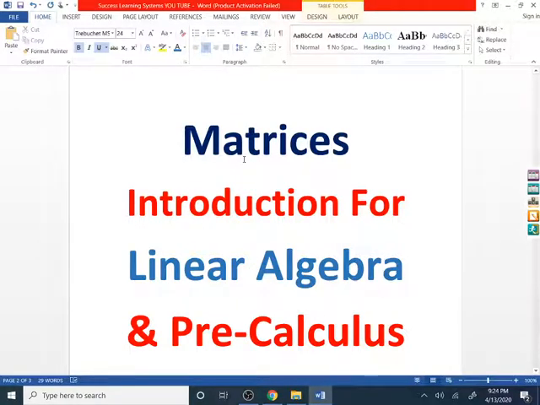What we're gonna discuss today first is something simple, which is finding the determinant for matrices with order 2 by 2, I mean 2 rows, 2 columns, and 3 by 3, 3 rows, 3 columns.